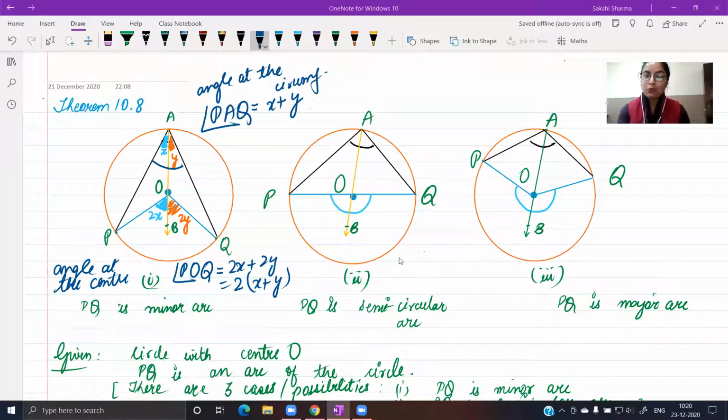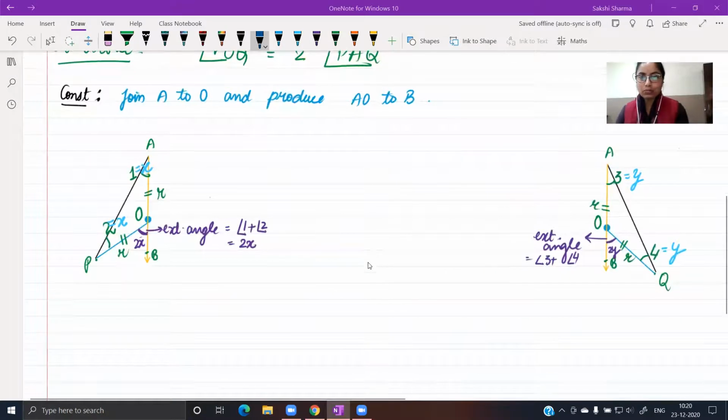The same proof is applicable to the remaining two circles as well. You can do the same thing in figure number 2 and figure number 3 as well. You will have the same relationship. So we will be writing this down, and you don't have to write it down again for the second triangle, you can write down similarly for that. We will be proving for the first one. Anyone with questions? So let's just write this down. You can draw these triangles if you want for your reference.